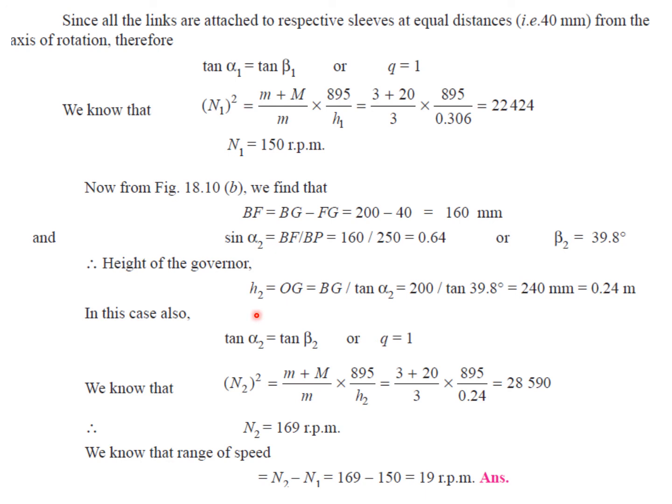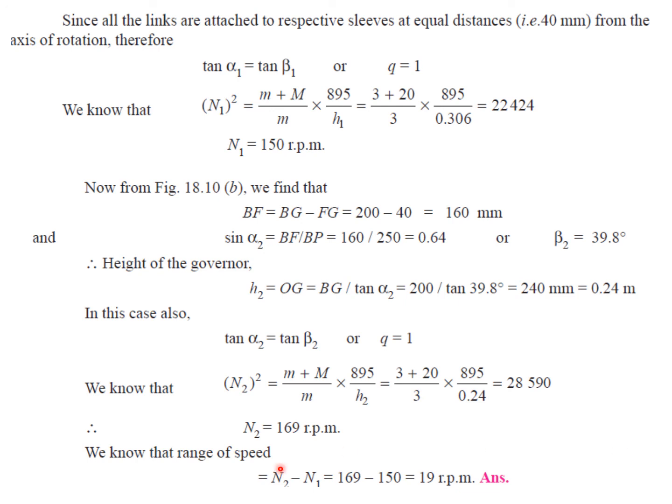Since q is equal to 1, alpha 2 and beta 2 are the same, so tan alpha 2 is equal to tan beta 2. The height h2 is given by BG by tan alpha 2. Substitute the values: N2 square is equal to (m plus M) divided by m into 895 by h2, which is 3 plus 20 by 3 into 895 divided by 0.24. You will get the value of N2 as 169 rpm.